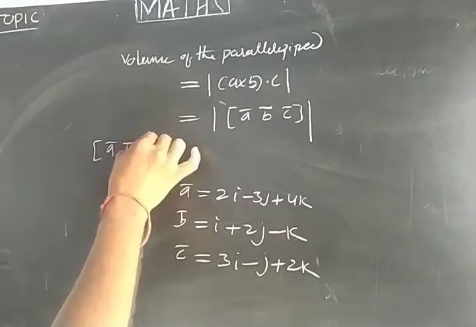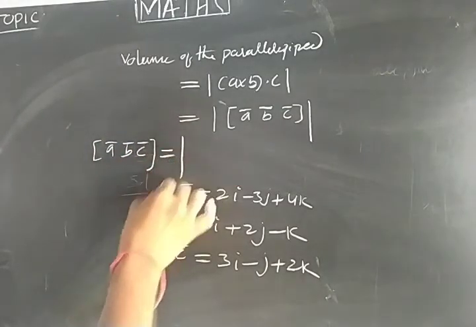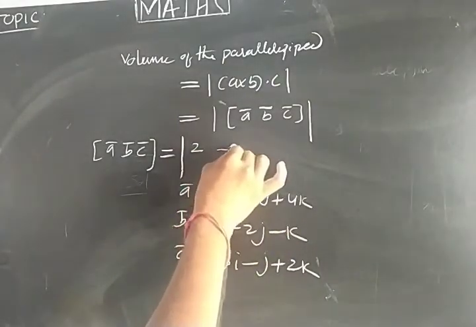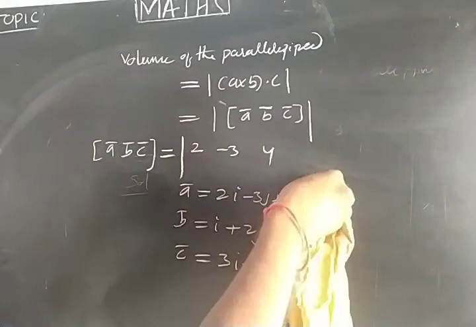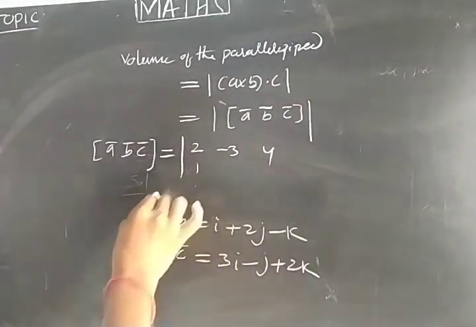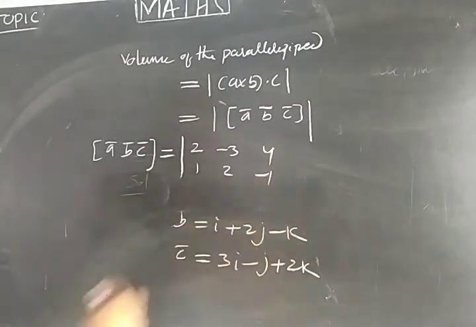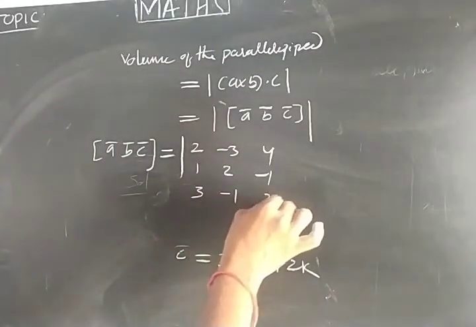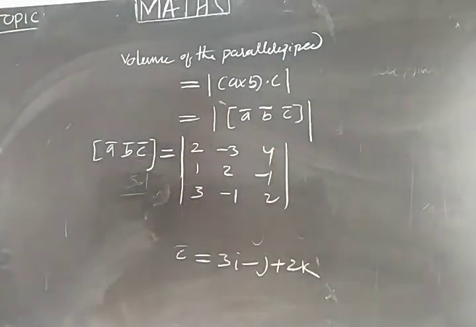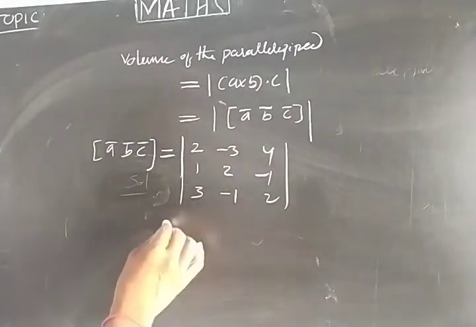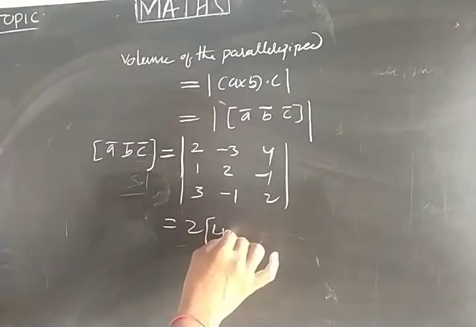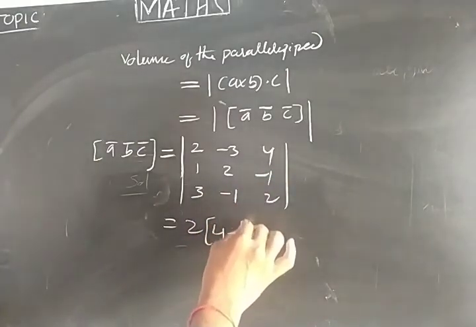Box ABC. How to find? Determinant of A components 2, minus 3, 4. Next B components 1, 2, minus 1. Next C components 3, minus 1, 2. This is bracket ABC, box ABC. Now how to calculate? 2 into (2 times 2 is 4, minus of minus 1 times minus 1).